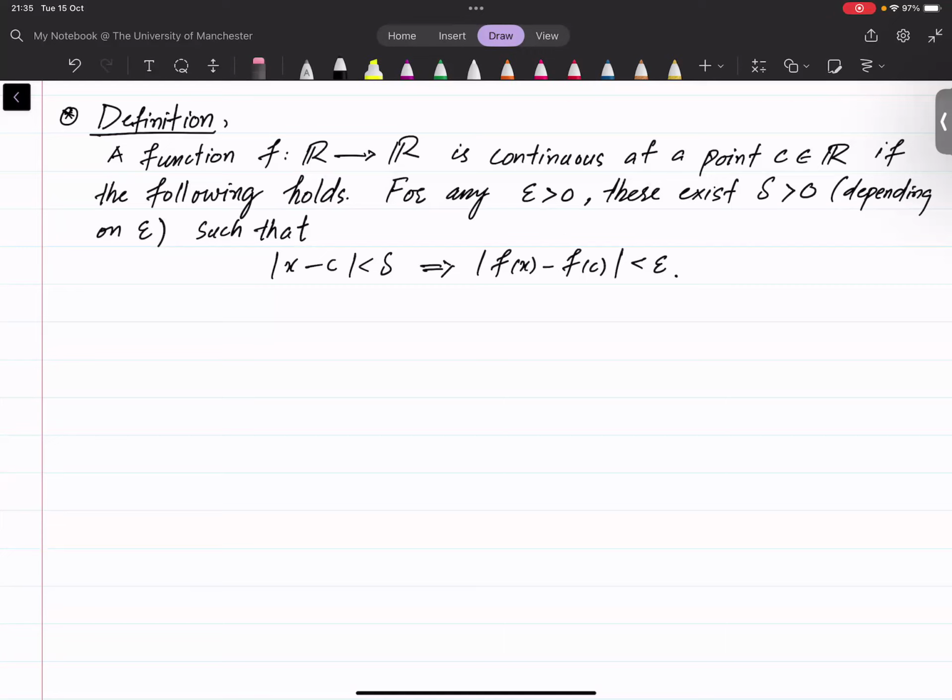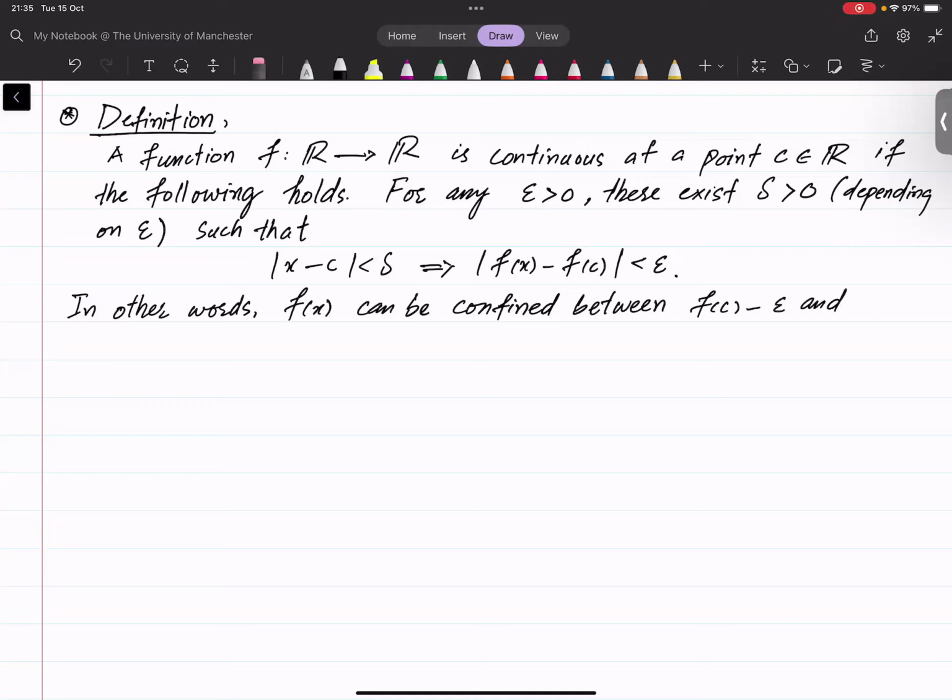And now we can say, in other words, f of x can be confined between f of c minus epsilon and f of c plus epsilon, provided x is confined between c minus delta and c plus delta.